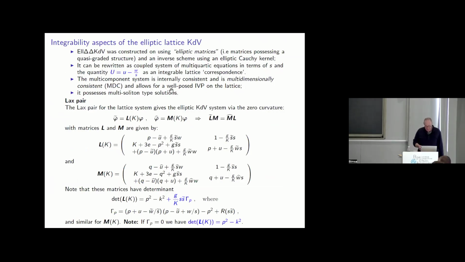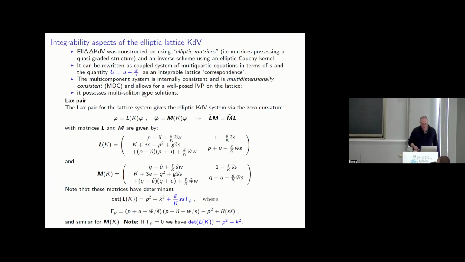And another thing is that this equation can be, by introducing this quantity, this combination, written as a coupled system of quad equations, but in multiquartic form, so they are of high degree. And furthermore, well, I mentioned already multidimensional consistency, and it also possesses multi-soliton type solutions, which I will show how they look like.